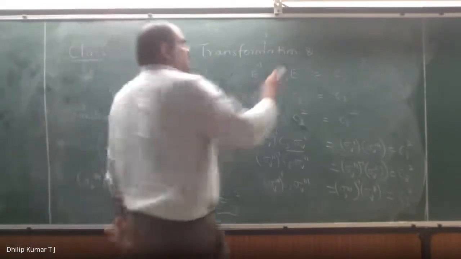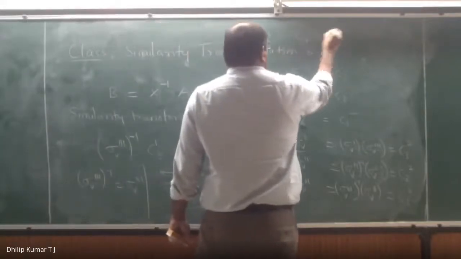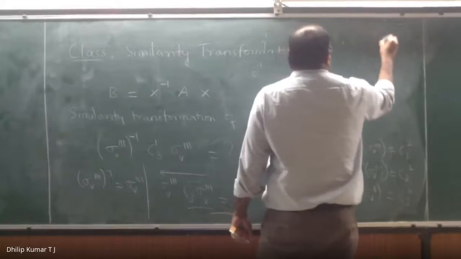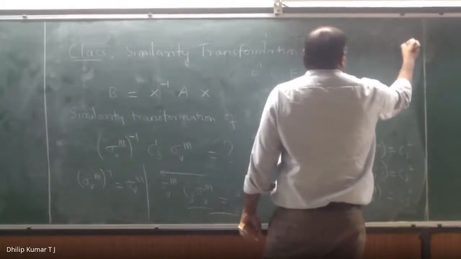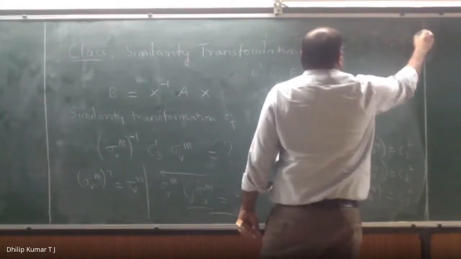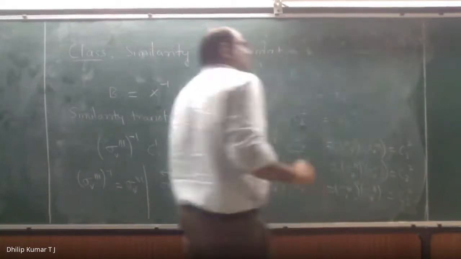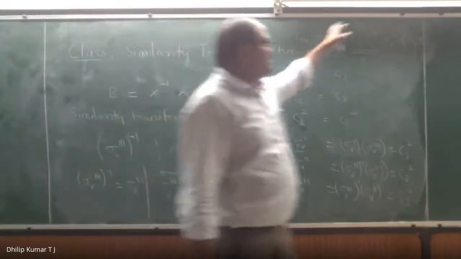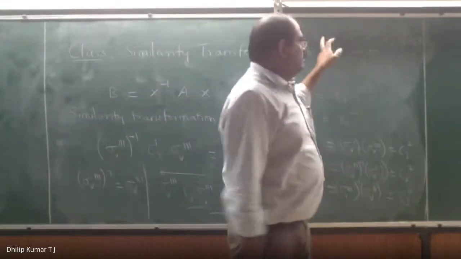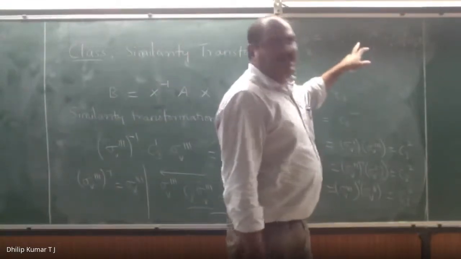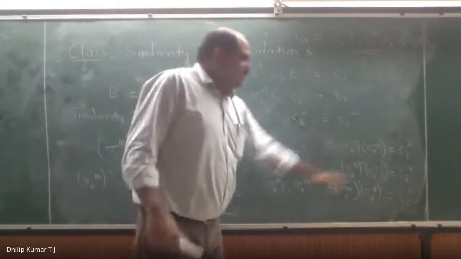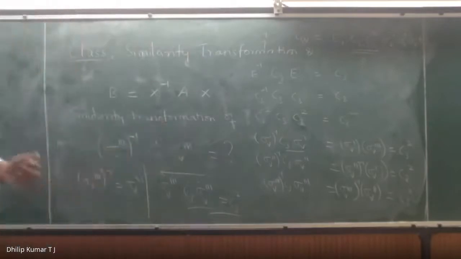In C3V you have E, C3, C3 2, sigma V prime, double prime, triple prime, right? So these two form a class, because if you perform the similarity transformation with any of the elements present in this group, it will always result in either C3 or C3 2. Whatever you do, you will end up with only rotational symmetry.